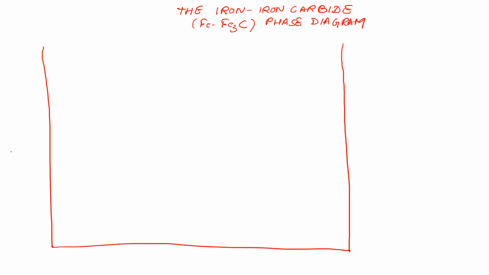It looks something like this. This is the temperature scale, and here is the pure iron, and here is the carbide that I was talking about. This corresponds to about 6.78% carbon, and weight percent of carbon increases this way. It's a fairly complex phase diagram consisting of many invariant reactions.